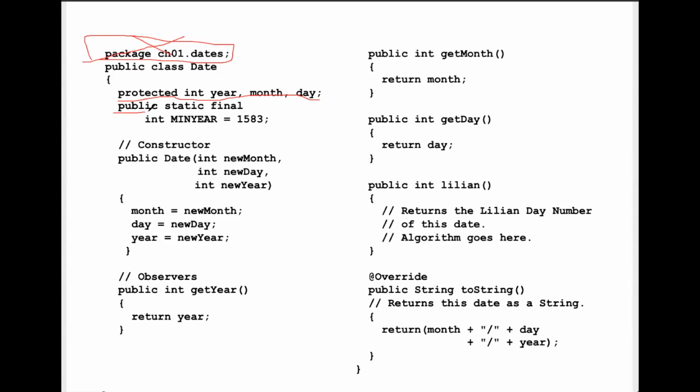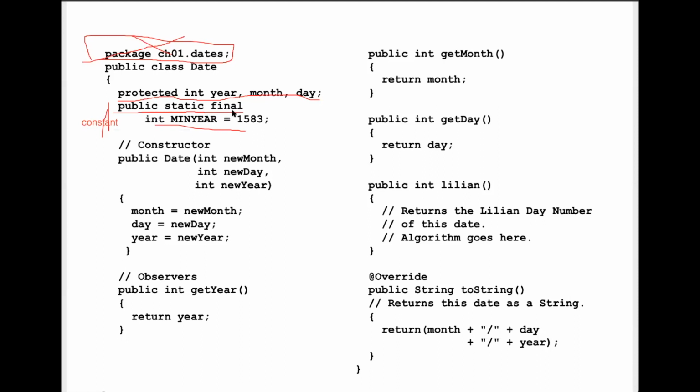It also has a public static final int. So this is a constant. Java doesn't have a const keyword, but it uses a combination of different keywords put together to make a constant: public, static, final, int. Public means everybody has access to it. Static means that there's only one instance throughout the entire life cycle of the code.